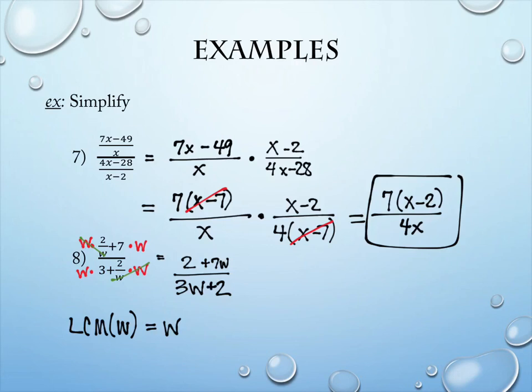There's nothing in common on the top that I can factor out. There's nothing in common on the bottom that I can factor out. So I'm done. So, as unlikely as you thought it might have been, this problem with variables is easier than 3 and 4 that didn't have them, isn't it? Because the variable itself was the only denominator.